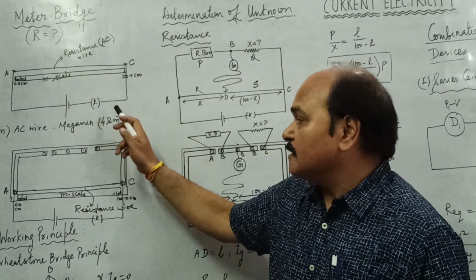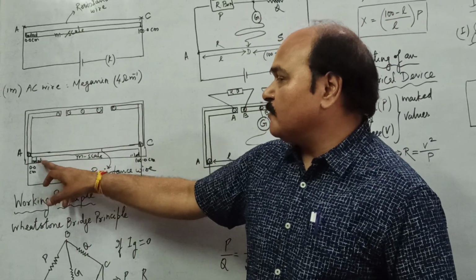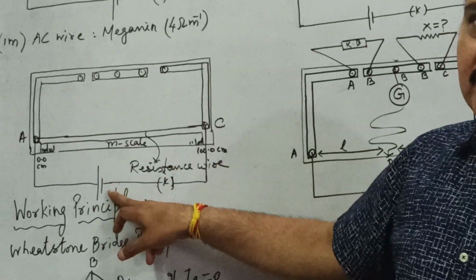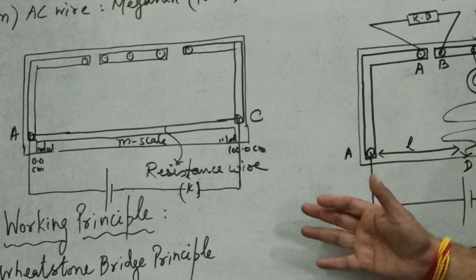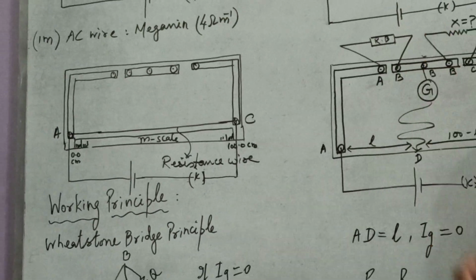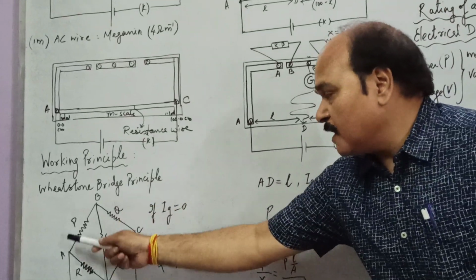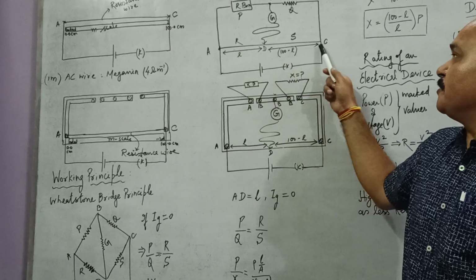Very simple device. Well, this is another diagram of the same meter bridge. This is wire AC and this is the battery connected across it. How do we make use of this device to find out the value of unknown resistance? For that, we make a Wheatstone bridge over this meter bridge.